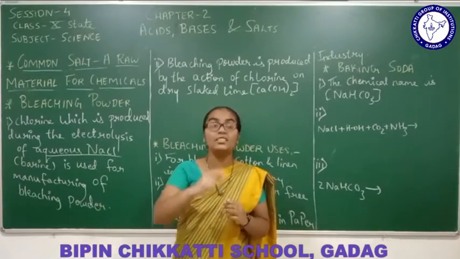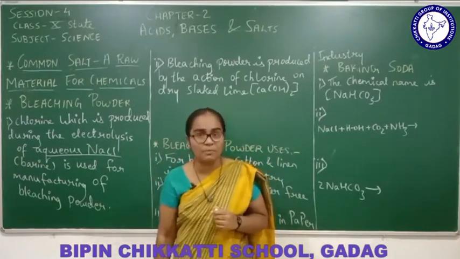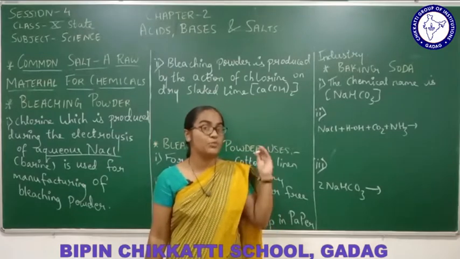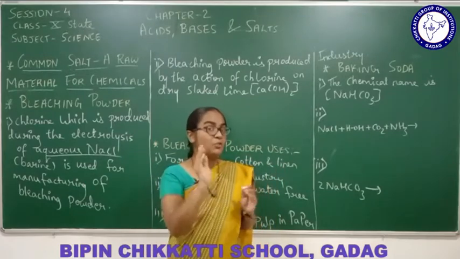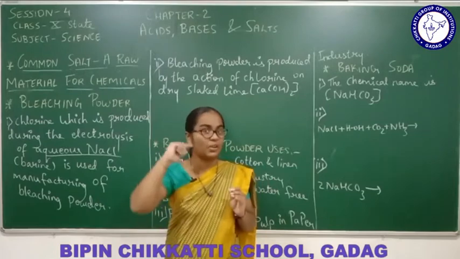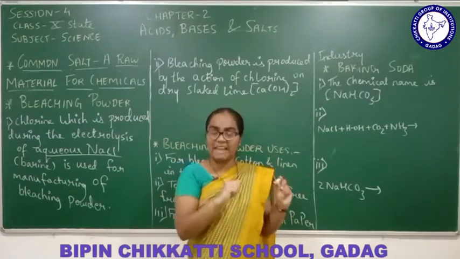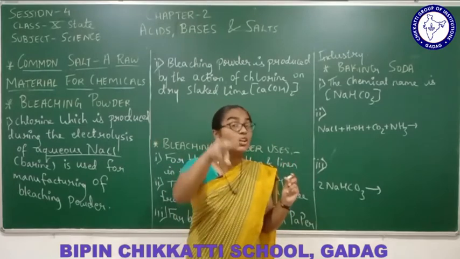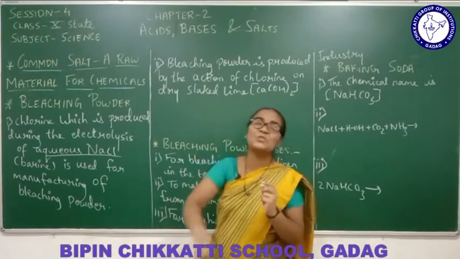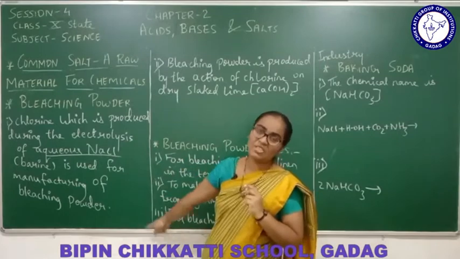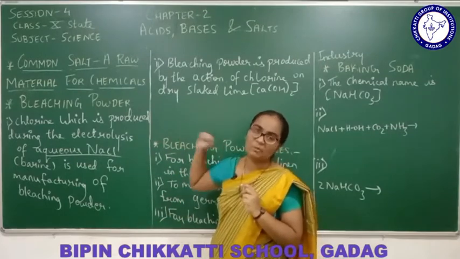In that, chlorine and hydrogen gas are formed, right? Chlorine was formed at the anode, hydrogen gas was formed at the cathode. I think you remember that. Now these gases which escape from the process are used over here for the formation of bleaching powder.